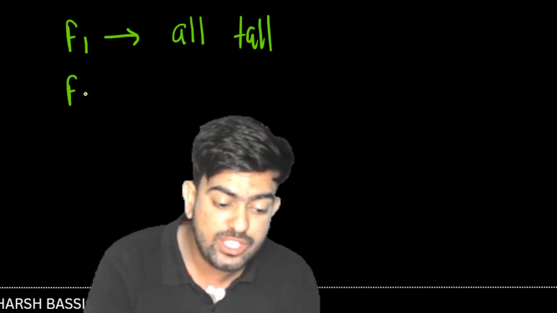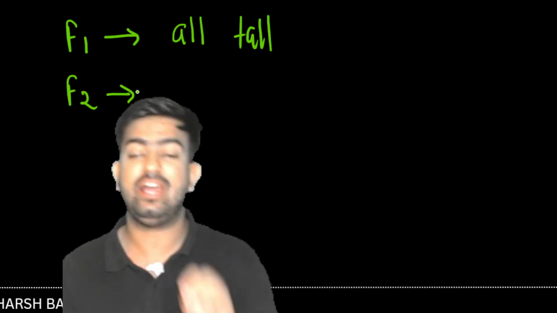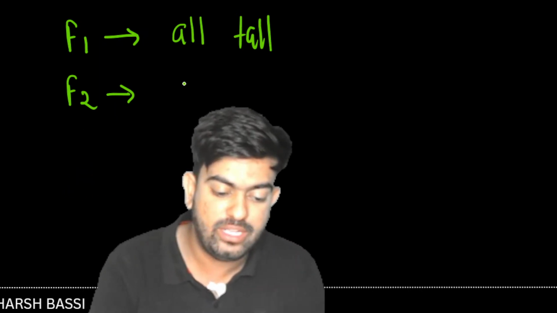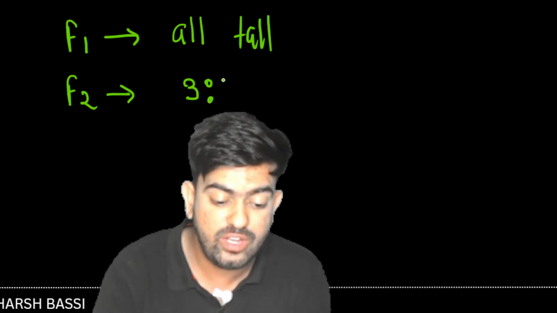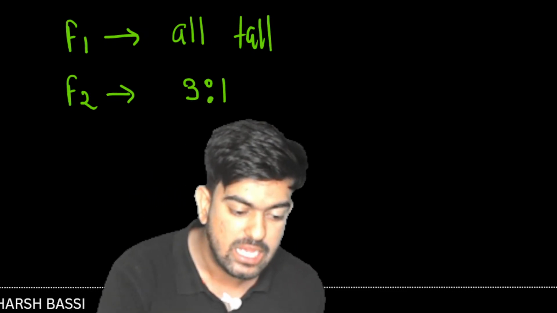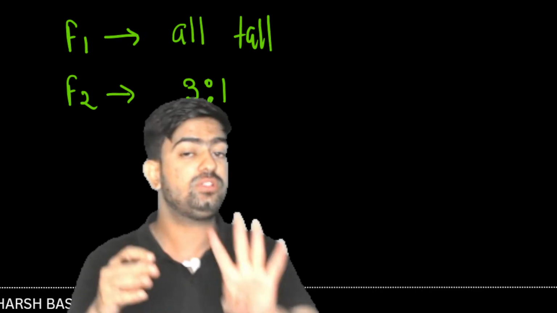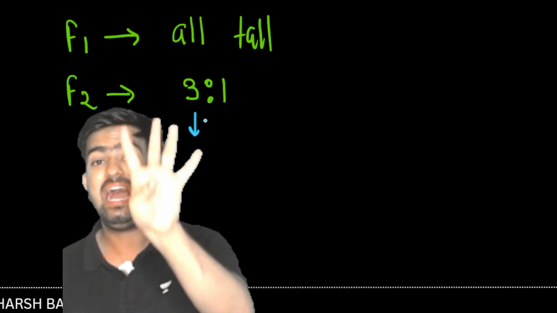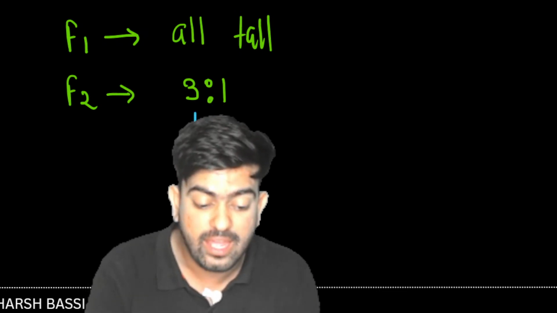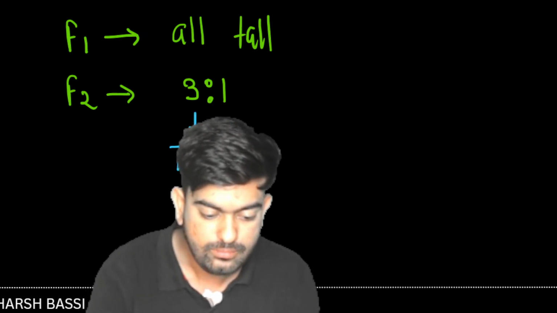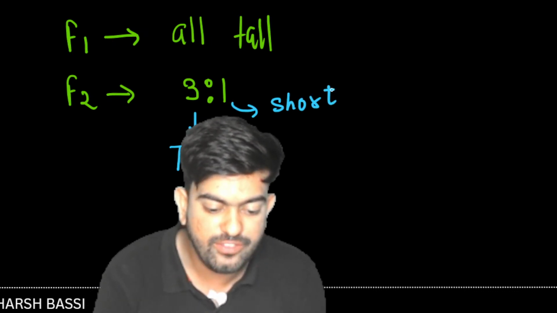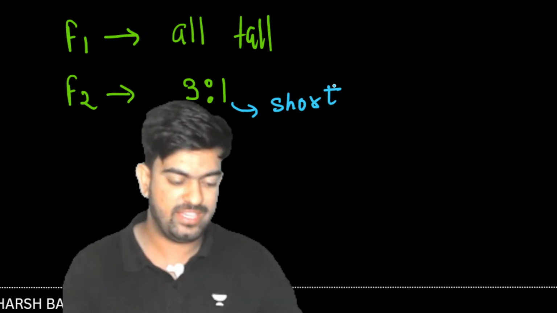And in F2 generation, the phenotypic ratio was 3:1. This means that if in total we have 4 plants, 3 of them are tall and 1 is short. Yes or no? This is what we discussed in the previous class.